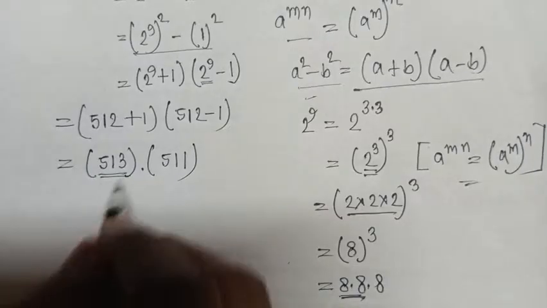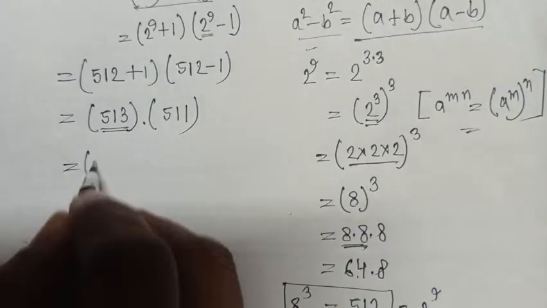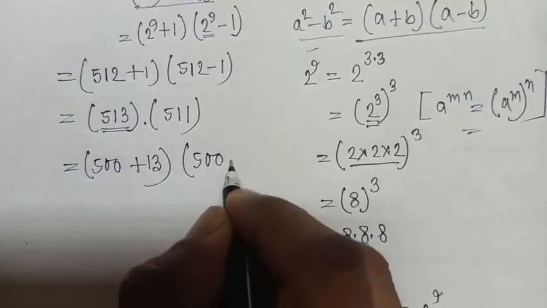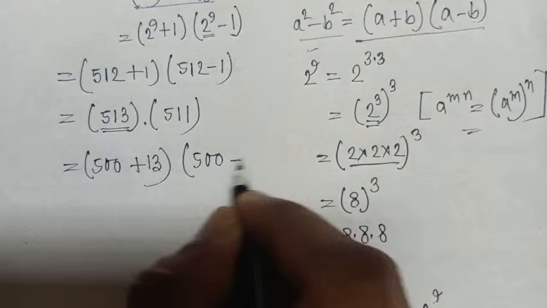Now we can express this as 513 into 511, that is, 500 plus 13 into 500 minus 11.